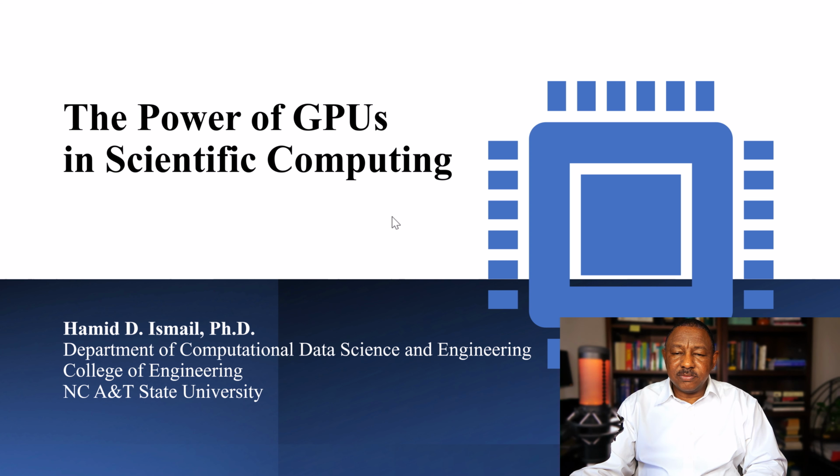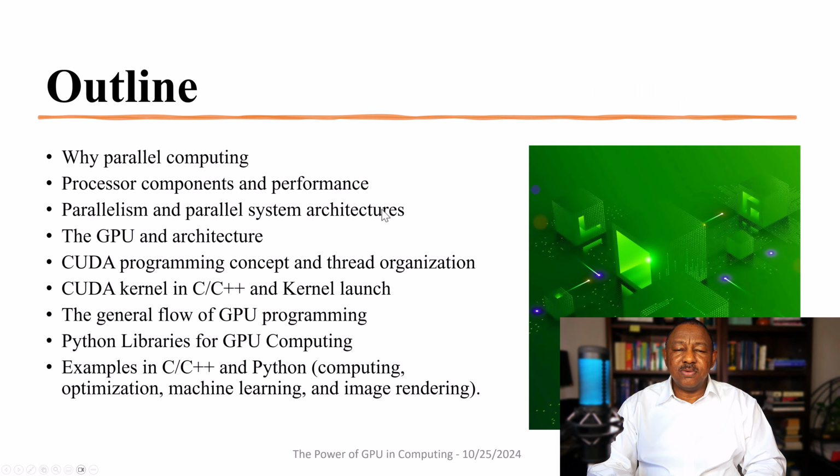Without wasting time, we're going to talk about parallel computing in general and how it is very useful in scientific computing. We'll also talk about processor components and performance, because those are the important components in any computing.